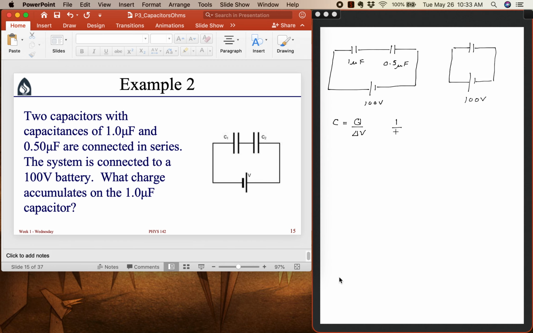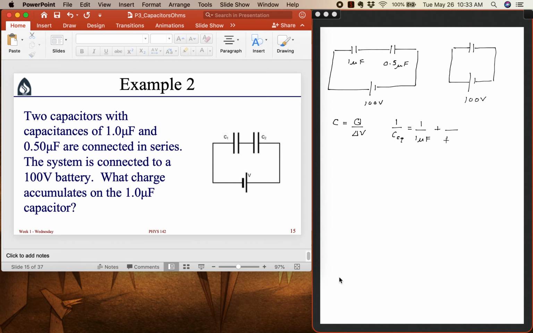So 1 over the equivalent capacitance is going to be equal to 1 over the first capacitance, which is 1 microfarad, plus the second capacitor, which is 0.5 microfarads, and 0.5 is equivalent to a half.